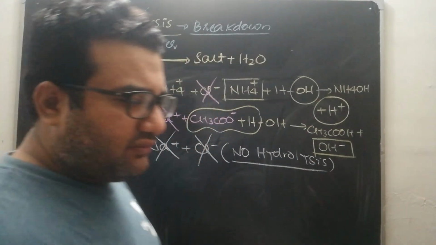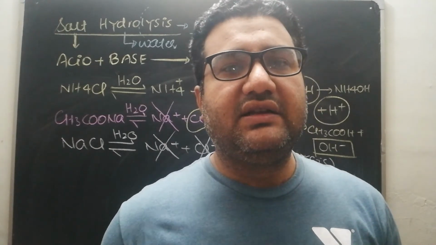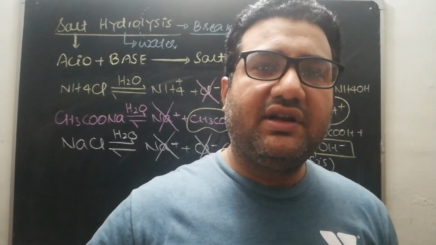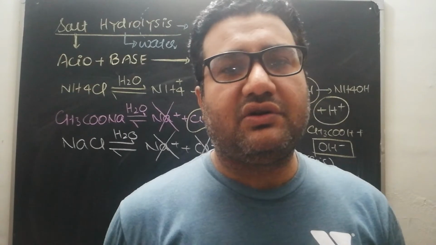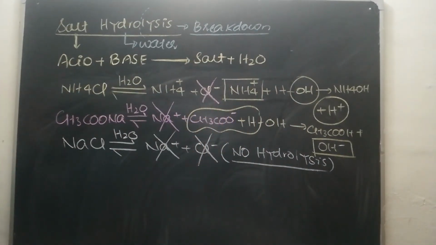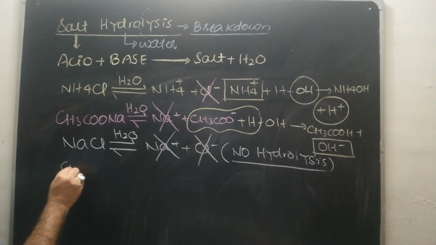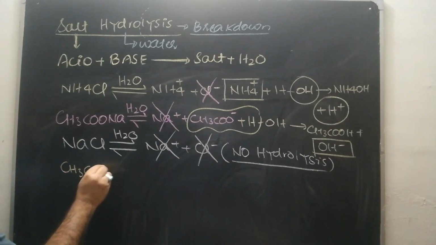So this is a very important MCQ: which of the following salts does not get hydrolyzed? You will have to find the option in which a salt is made from a strong acid as well as a strong base.